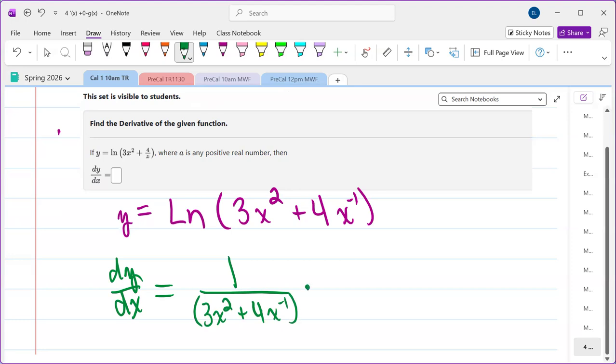Times, now we're going to do the derivative of the inside. So the derivative of 3x squared is 3 times 2x plus 4 times the derivative of x to the negative 1, which is negative 1x to the negative 2.